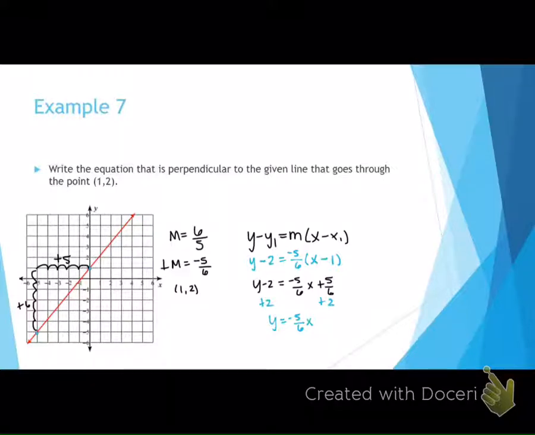Okay, what do I add to the end there? Cassie, what is it at the end? 17 over 6. So 17 over 6 is the same thing as 2 and 5/6. So if you got 2 and 5/6, that's completely fine.